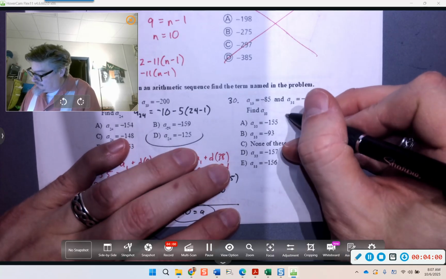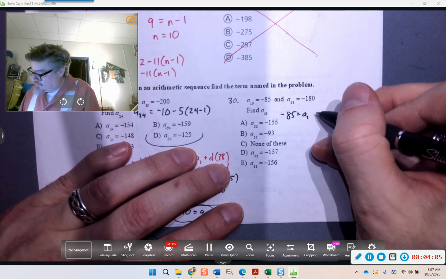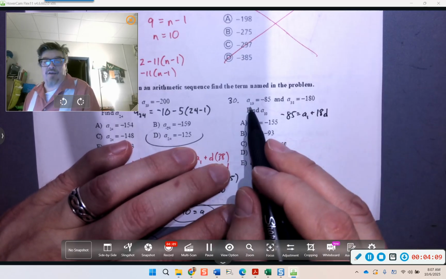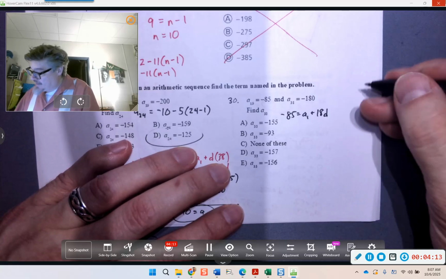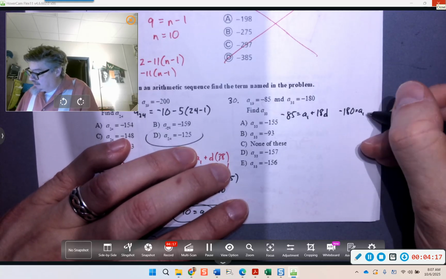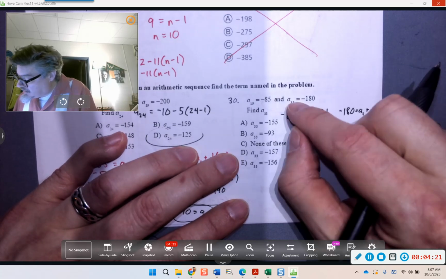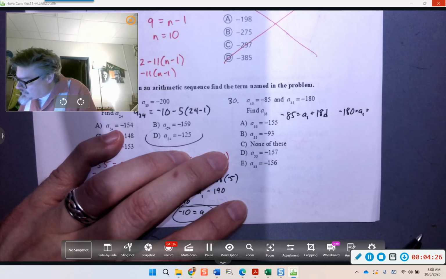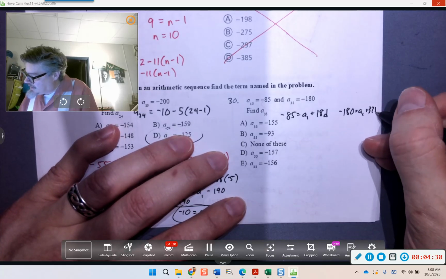Okay, we're going to set him up. Okay, now I'm also going to just write 18D. So I know 19 minus 1 is 18, so he's going to go right in front. And then the other guy is going to be negative 180 equals a sub 1 plus 37D.